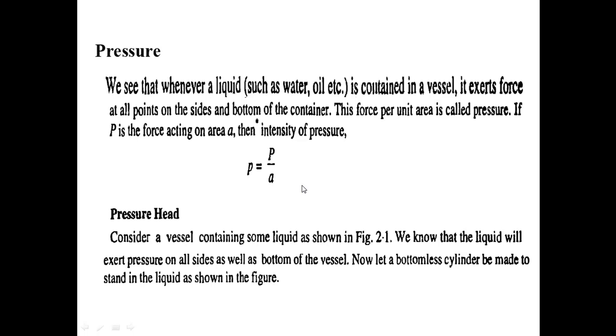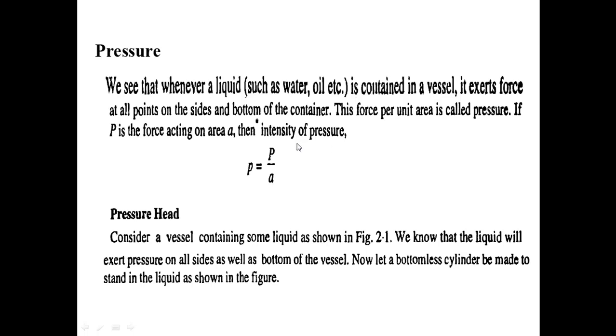As we put or contain water or any other liquid in a vessel, normally it exerts pressure on the sides as well as on the bottom of the container. So this force which is exerted on the sides and bottom of the container per unit area is called pressure.